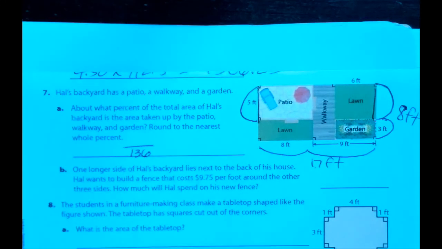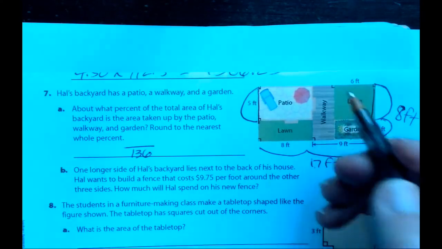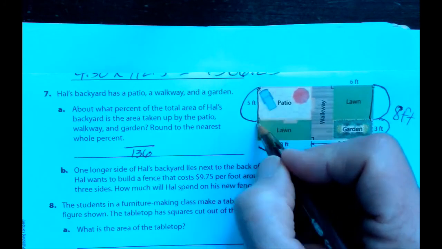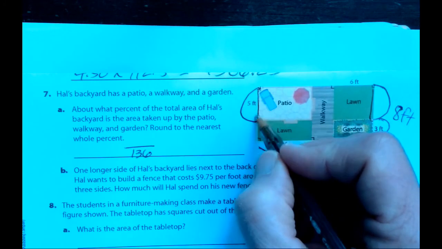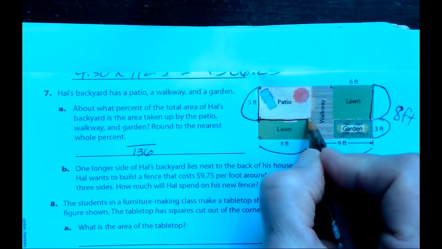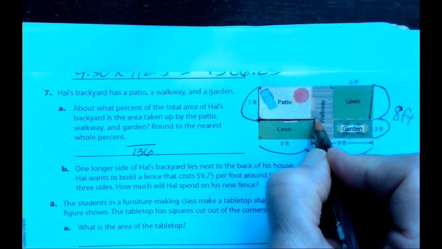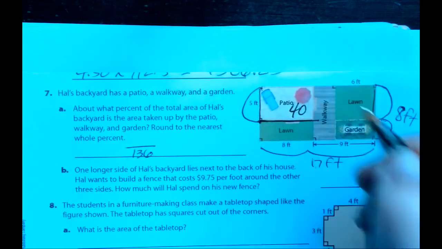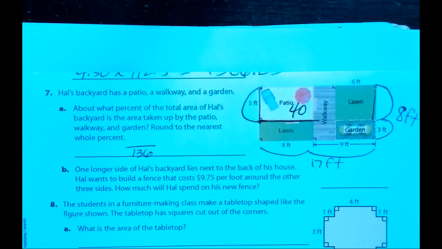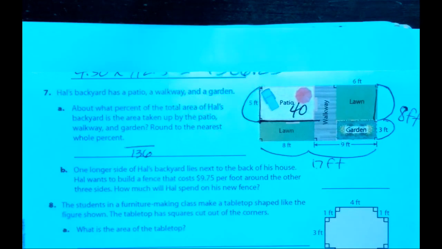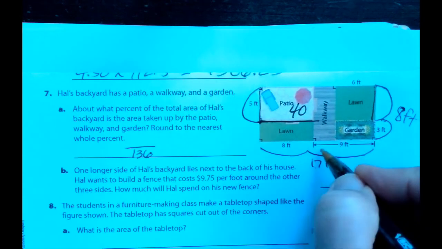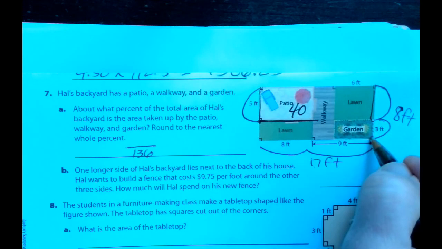So now let's figure out what the area of each part is. The patio, we know this height is 5, and we can see this length here is the same as the lawn length of 8. So 5 by 8 would make that 40 square feet of patio. So I'm just going to write 40 inside the box there. The walkway is a little trickier. We know it's 9 from here to here. And we know it's 6 from here to here.